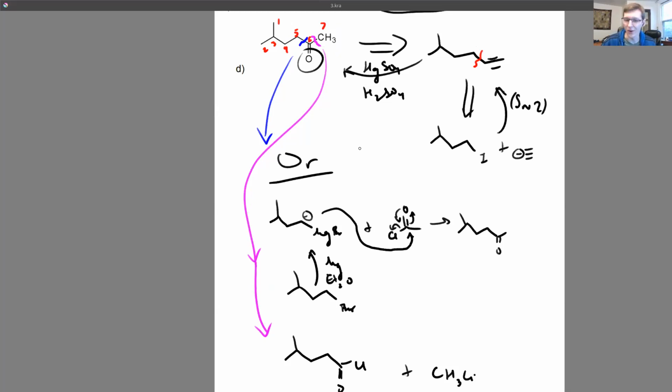Anyway, the Weinreb amide is a pretty specific thing, but they totally might, and in fact likely will, ask about it. I don't remember the exact details, so I'll look those up and talk about it on Thursday. It's possible that you can make this with the Weinreb amide, but I'm not sure.